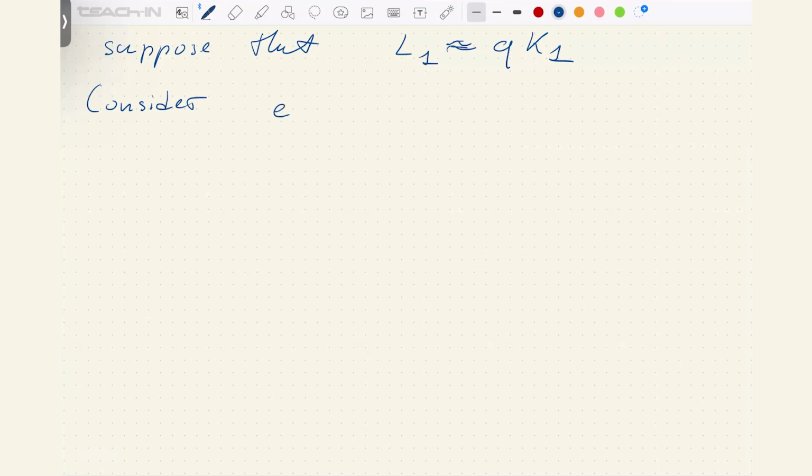Let's act with the exponential of a bracket with K1 acting on our L naught BV. What do we get? K1, L1 is cubic, so K1 is also cubic because Q is linear, right?